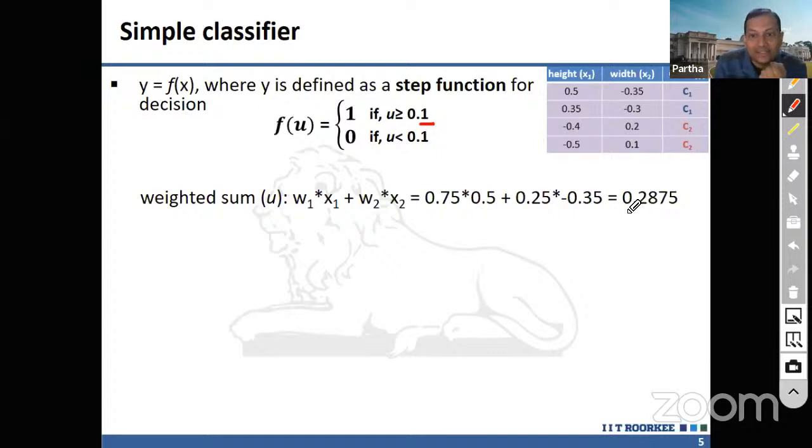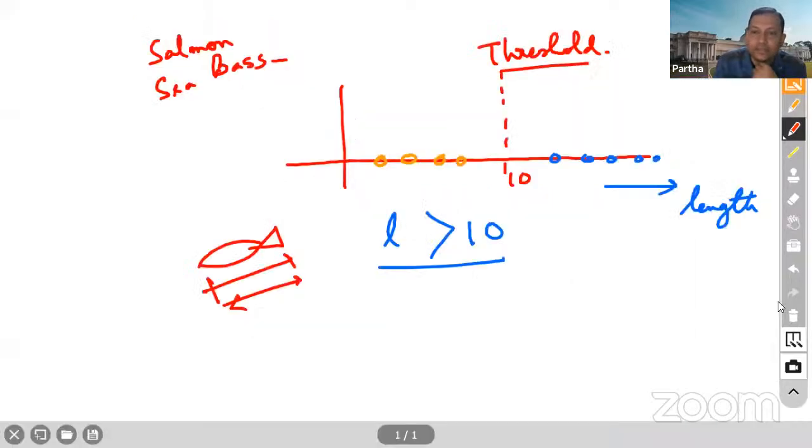So with w1x1 plus w2x2, where w1 is 0.75 and w2 is 0.25, the weighted sum comes to 0.2875. And now I have placed one threshold function, that is 0.1. In my earlier example I used this threshold as 10.